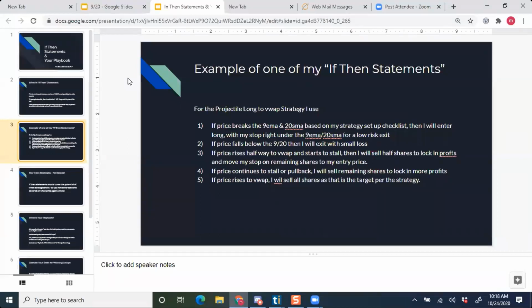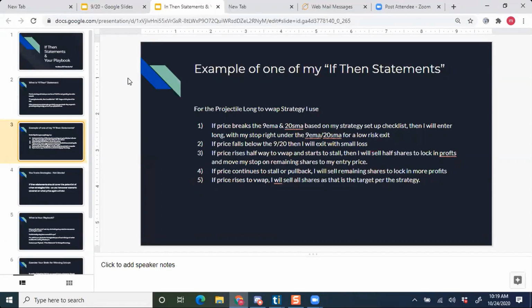Okay. Four, if price continues to stall or even pulls back, then I will sell remaining shares to lock in profits. Again, if price does this, then I do that. Five, if price rises to VWAP, which is my strategy target, then I will sell all shares.